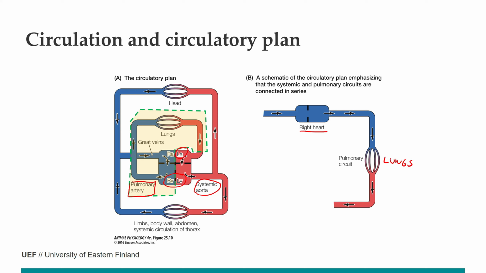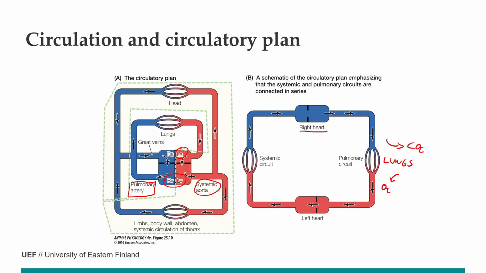And from the lungs, of course, we get oxygen and we can remove carbon dioxide. And this oxygenated blood is coming back and it's pumped with this second heart, this left heart, with high pressure to all organs, so in this systemic circuit.